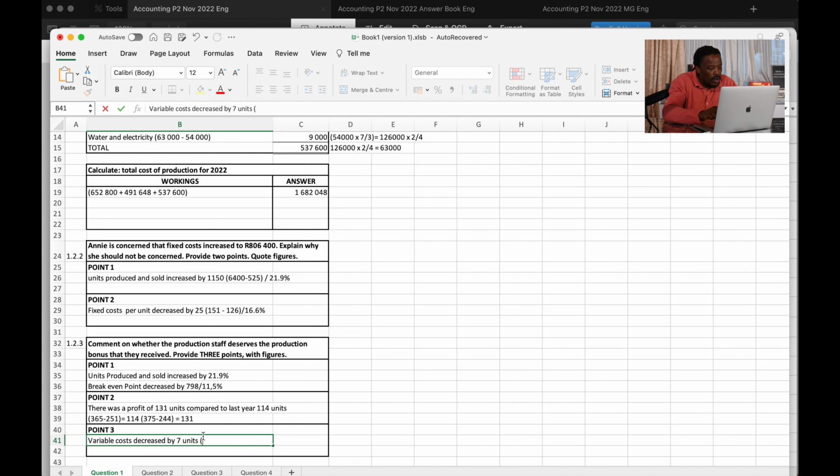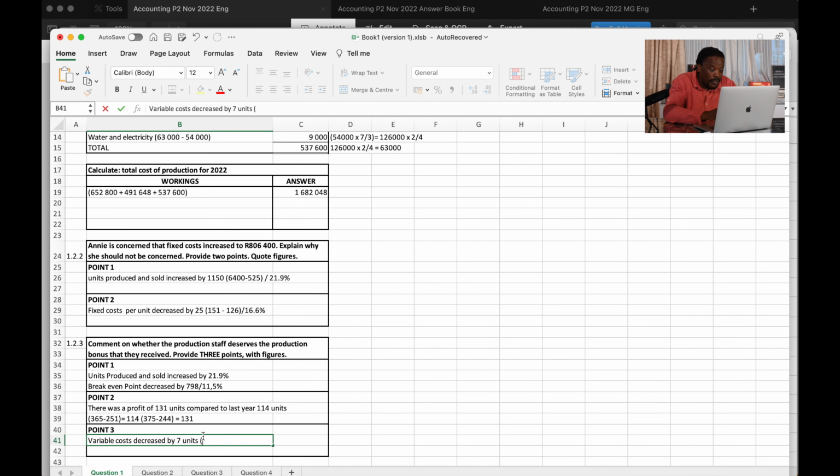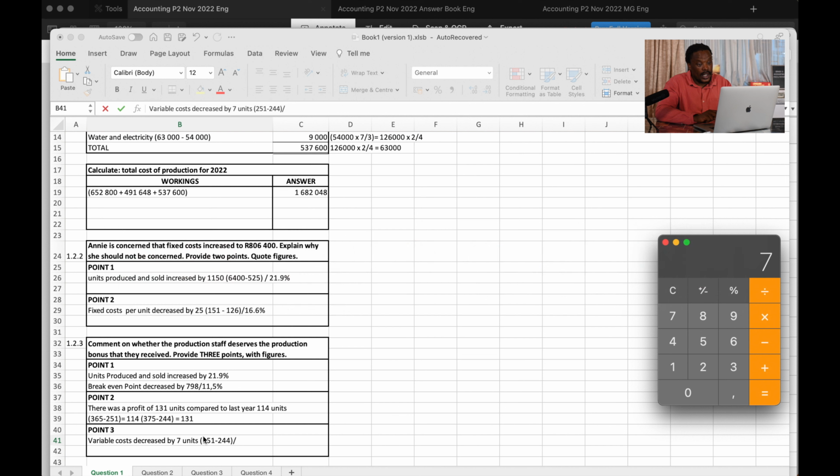You can show them also, if you like, to say last year was 251 compared to this year as 244. And you can also show them in terms of percentage by saying divide by 251, times 100, is 2.8%.